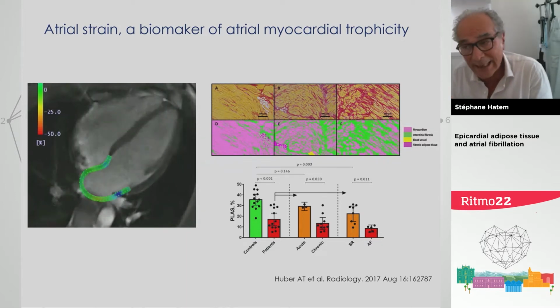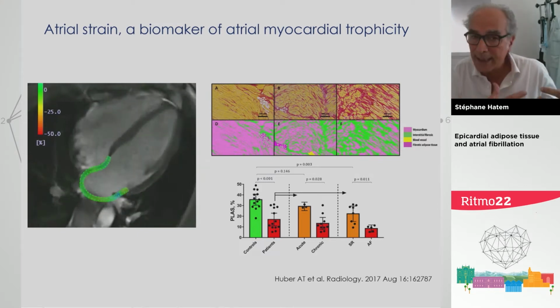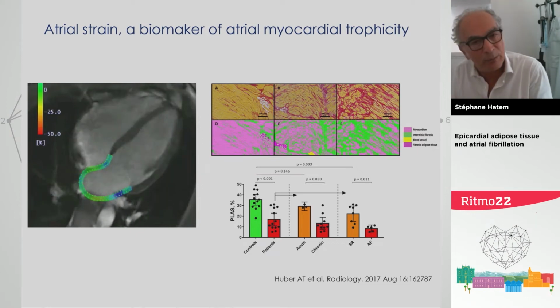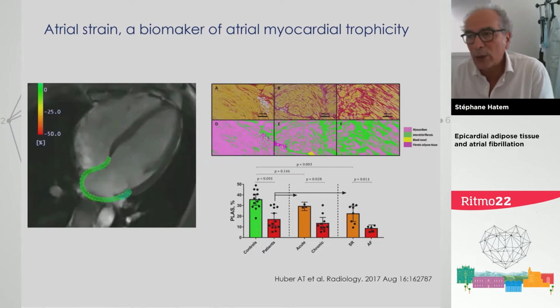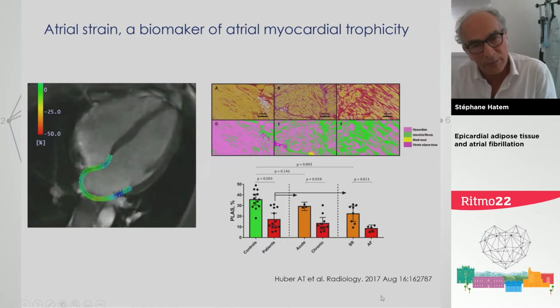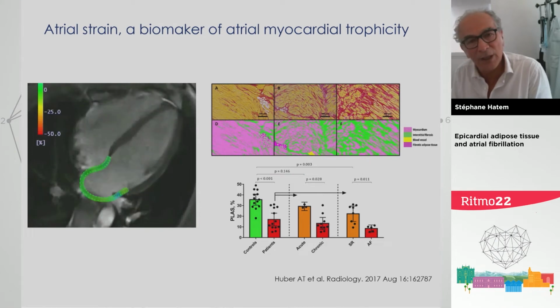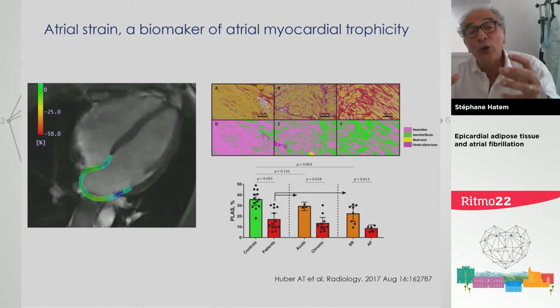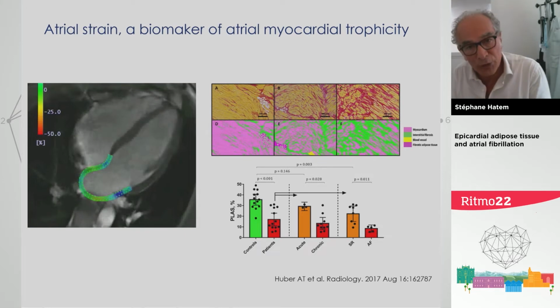Another parameter that probably will also transform the way we manage patients with this remodeling and fat is the atrial strain. There are developments today in MRI, but also echo, such that atrial strain will become a biomarker in clinical practice. And we found in a previous work with the group of Alban in Paris that the more fat and fibrosis you have in your atrial myocardium, the more your atrial strain is reduced.